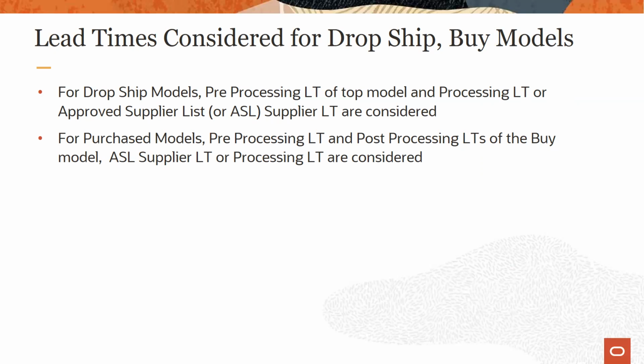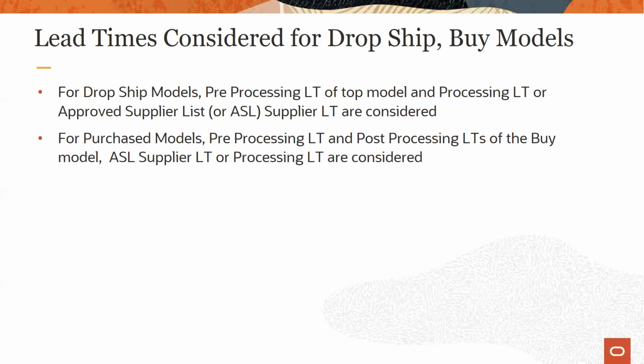Lead time precedence is given to the configured items lead time defined in the ASL. And this is followed by the ATO models lead time, which is defined in the ASL. And then that's followed by the ATO models processing lead time defined in the dropship validation organization for dropship cases.